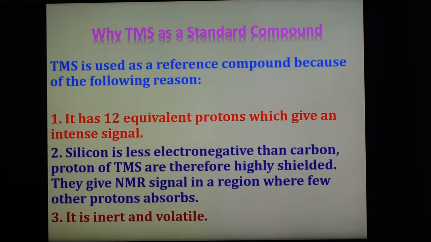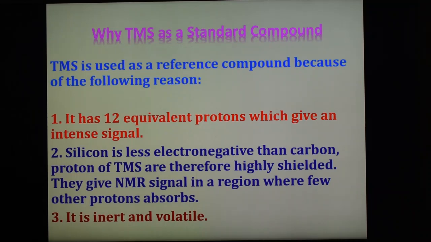The second important reason is that silicon is less electronegative than carbon. Therefore, the protons of TMS are highly shielded. They give an NMR signal in a region where other protons do not absorb, so the signal of this reference compound appears upfield compared to the signals of other protons.